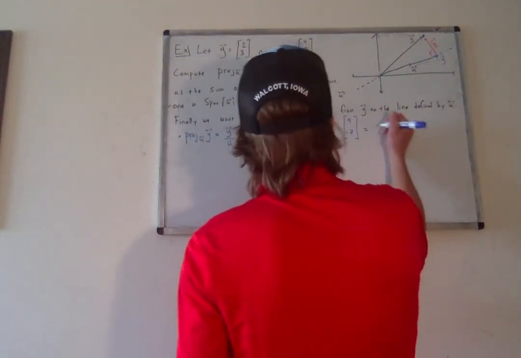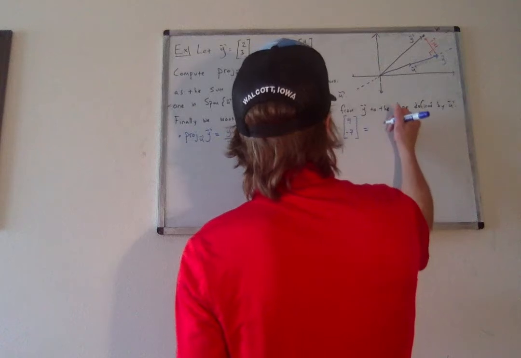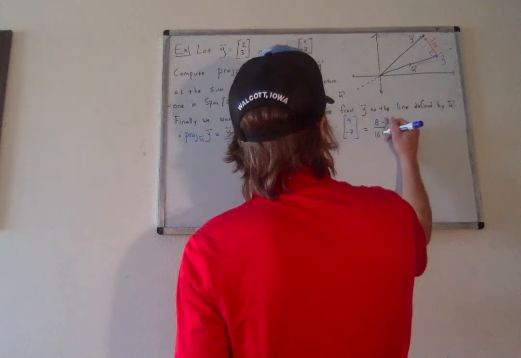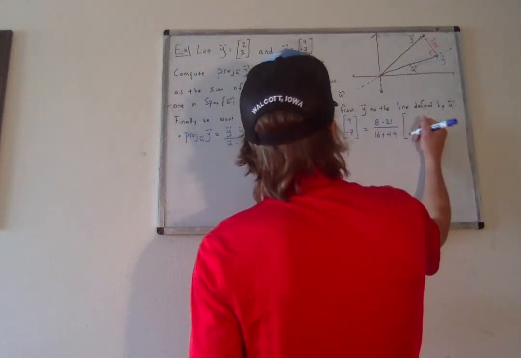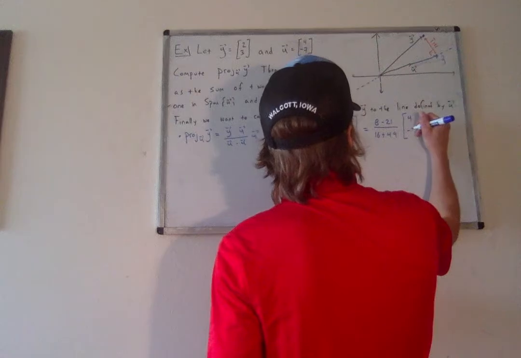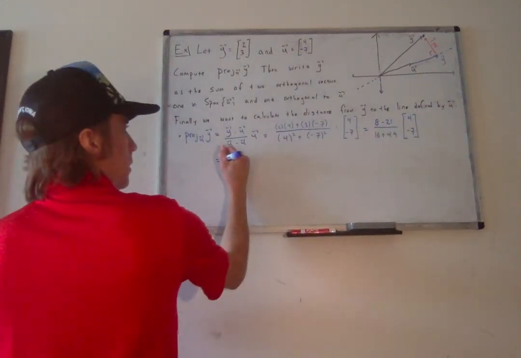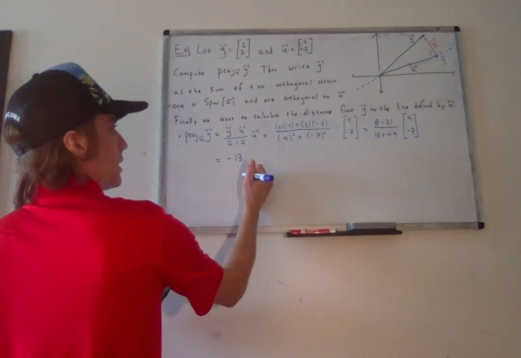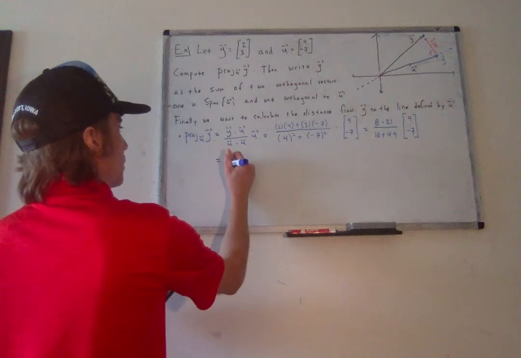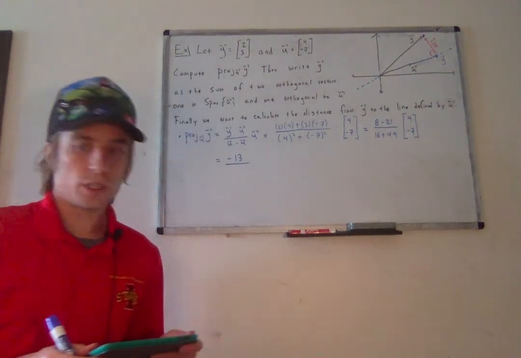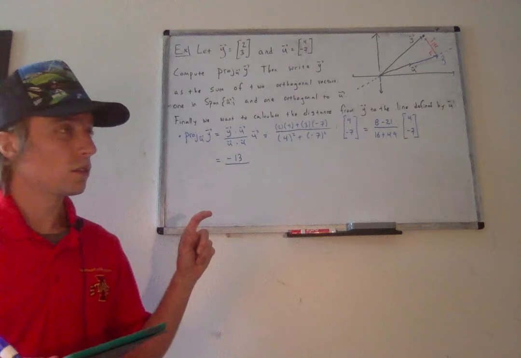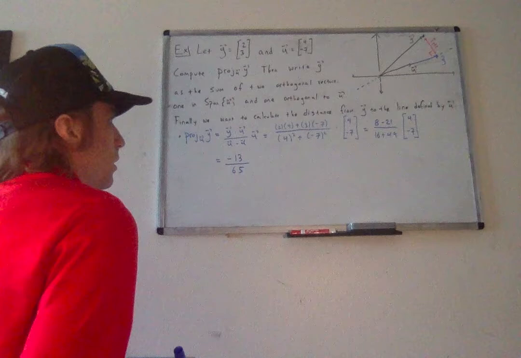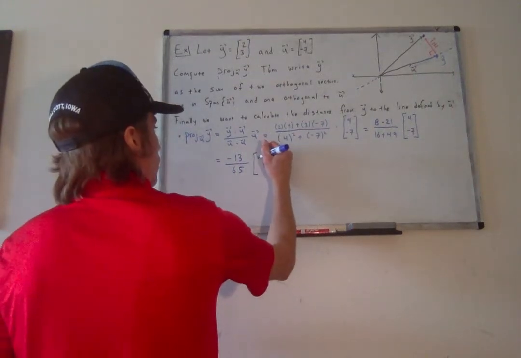So this is equal to 8 minus 21 over 16 plus 49 times the vector u. 8 minus 21 is negative 13. And 16 plus 49 is 65, times 4, negative 7.